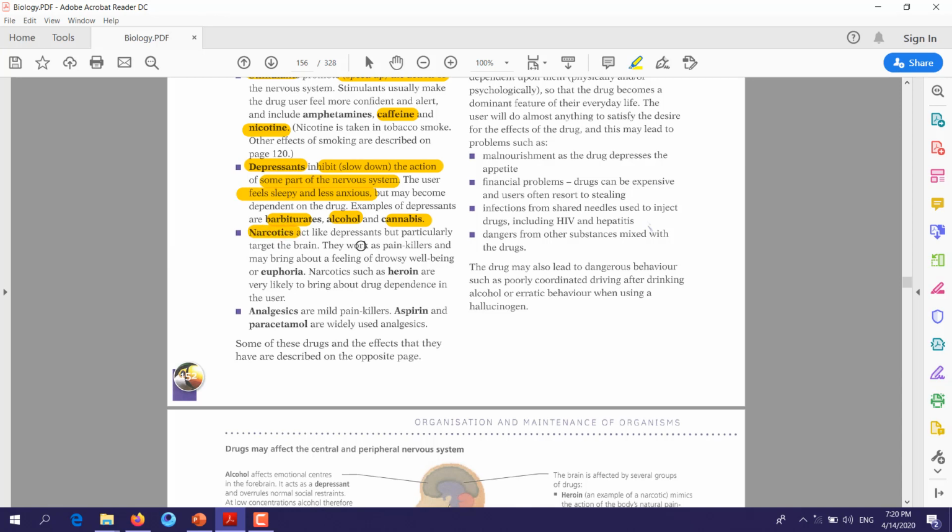Then, narcotics. Narcotics act like depressants, but particularly target the brain. They work as painkillers and may bring about a feeling of drowsy well-being or euphoria. Narcotics such as heroin.